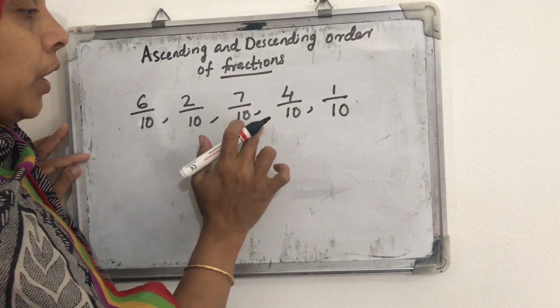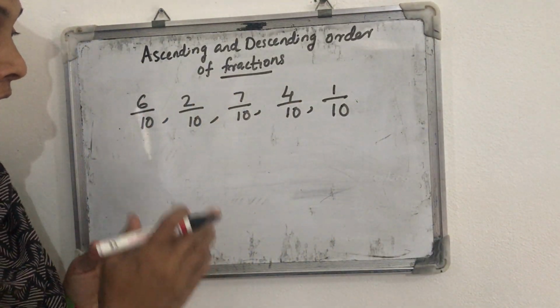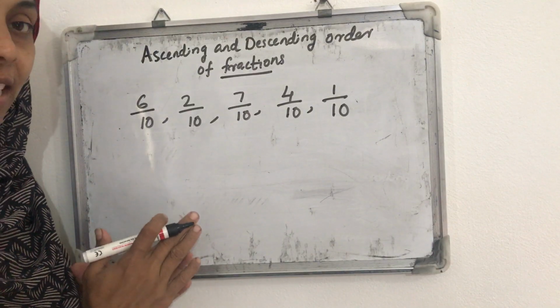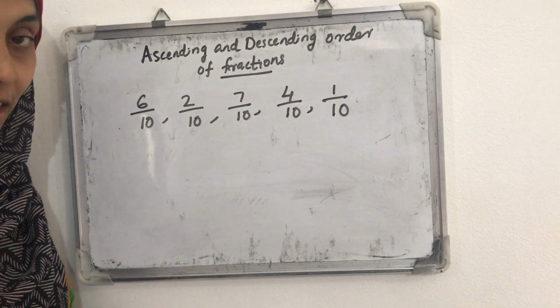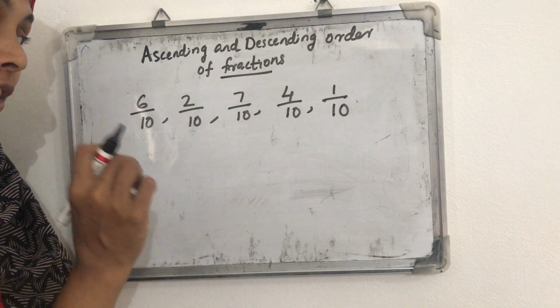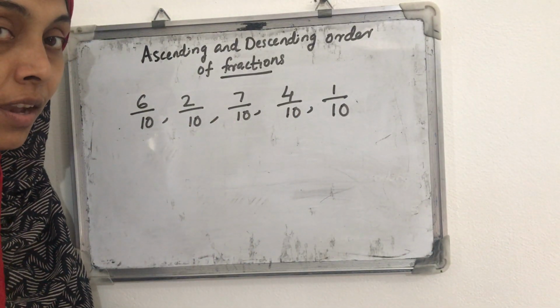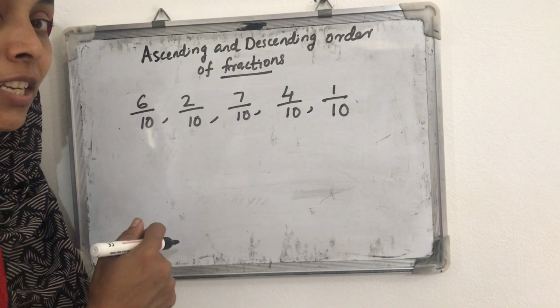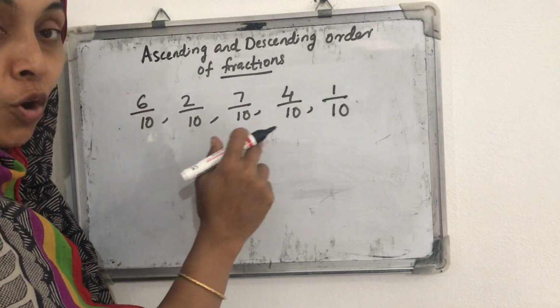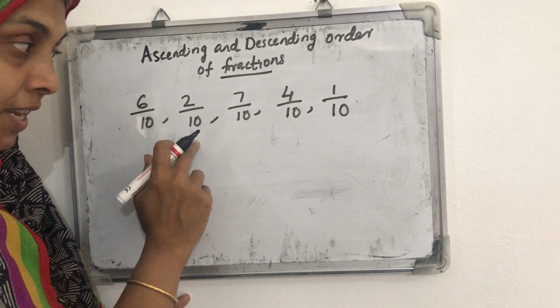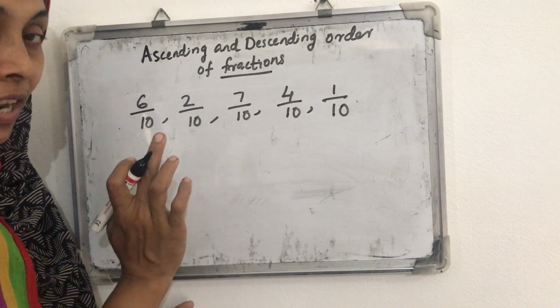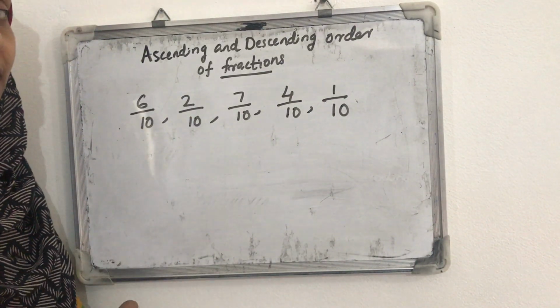Here 5 fractions are given, and we want to write these fractions in both ascending and descending order. So in this case, first we want to check, are they like fractions or not? How can we check it? By checking their denominators. If the denominators are the same, then those fractions are called like fractions.